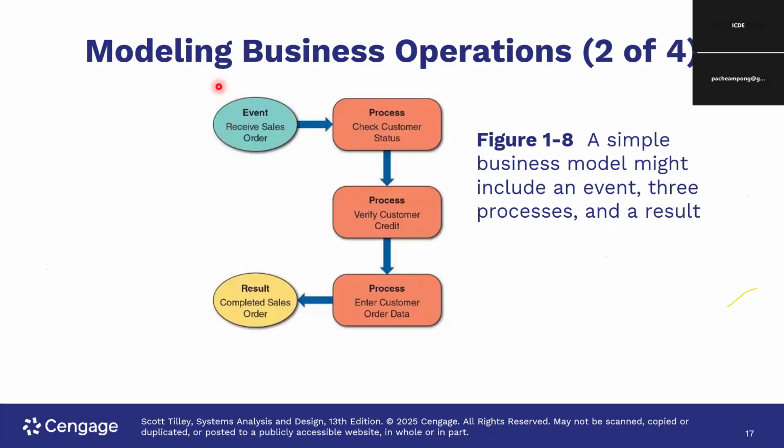So we can see that the event starts here. Like I said, in case I go to ShopRite and I'm buying something, this is my start, right? I place my order and then it goes through a particular process. We check the customer status.